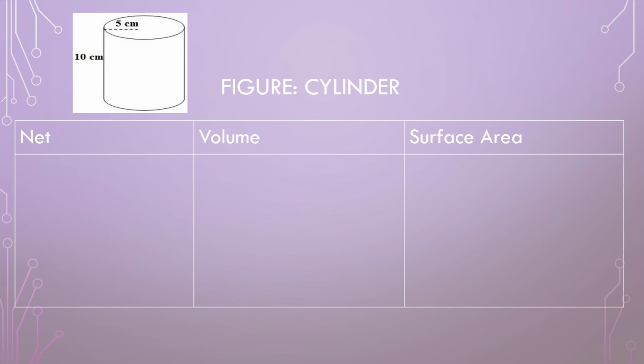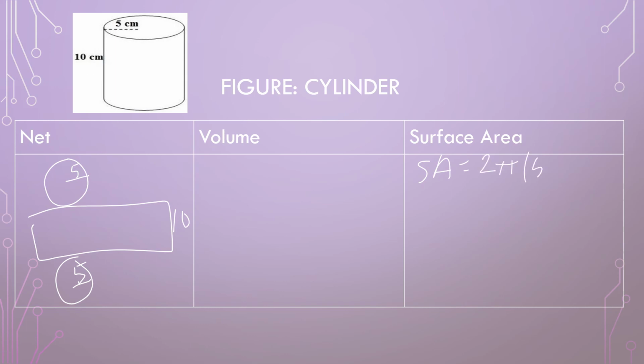Okay, so Brandon found a mistake as I'm doing this video here, so I'm going to do this over again. 5 is my radius, 10 is my height. For surface area, I have two bases, so 2 times pi times r squared plus 2 pi r times h.